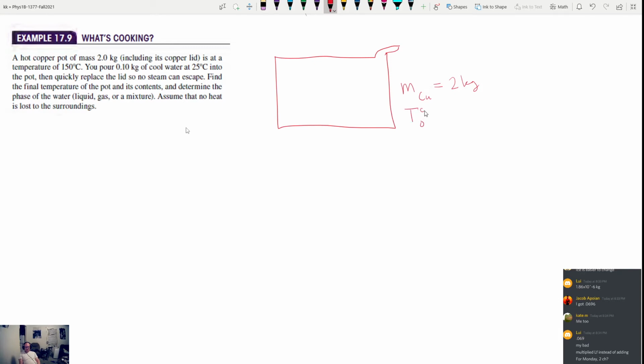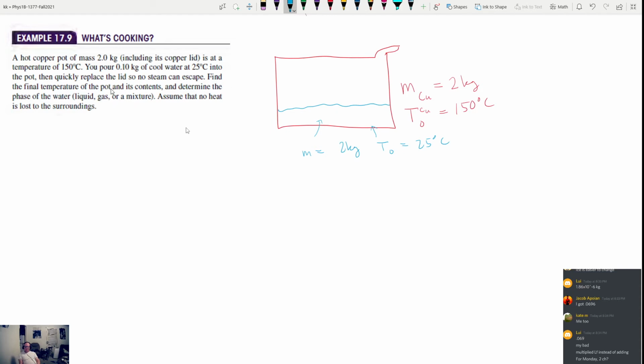The initial temperature of this copper pot is 150 degrees Celsius, so much higher than the boiling point of water, right? So we're going to pour liquid water in here, not a lot, only 0.1 kilograms, so we'll just put a very, very small wad of water in here. And the mass of the water is 0.1 kg and its initial temperature, T naught, is 25 degrees Celsius. Okay?